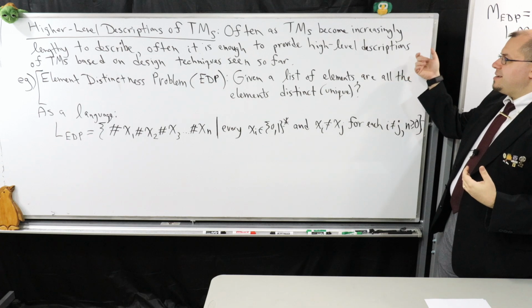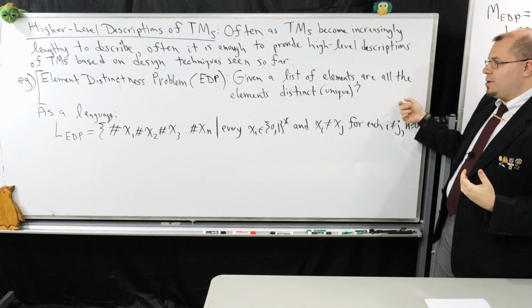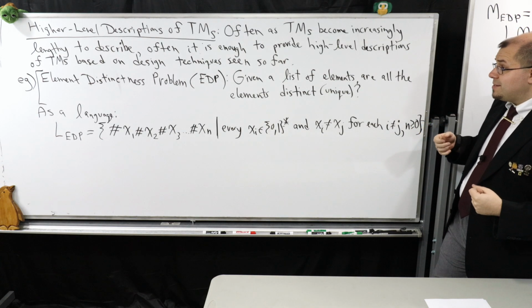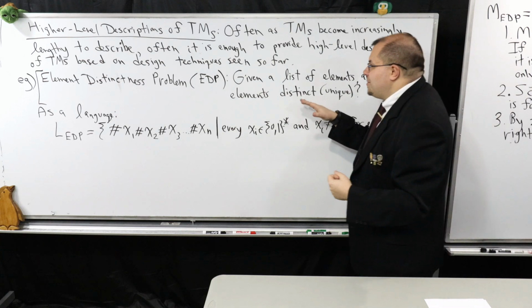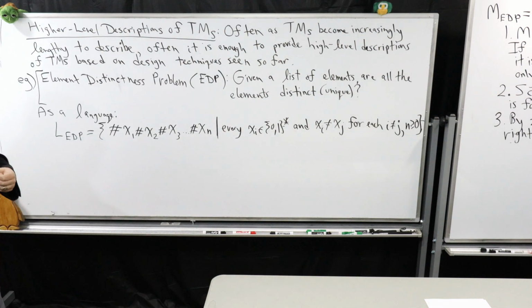As an example, I thought I would consider what is called the element distinctness problem. This is a problem you may have encountered previously in your studies. What is the element distinctness problem? Imagine you're given some list of numbers. It could be an array, a list of elements. We'll be more broad, we'll say elements. We can always encode those with bits of information. I want to know if all of the elements are distinct.